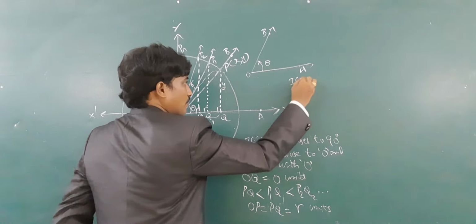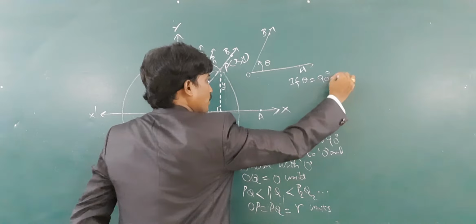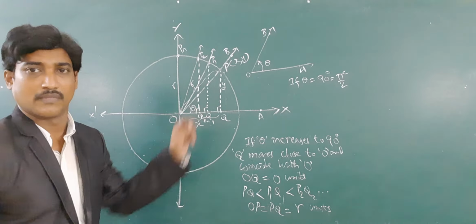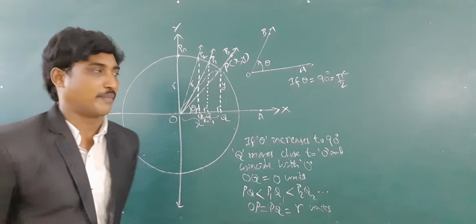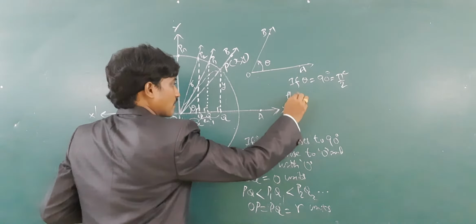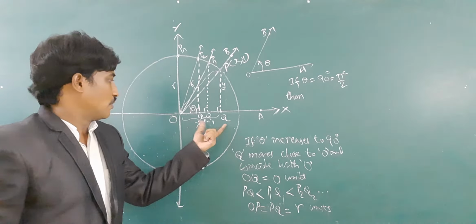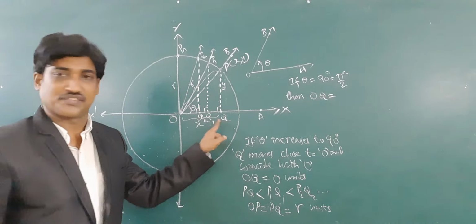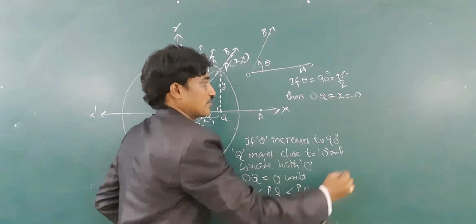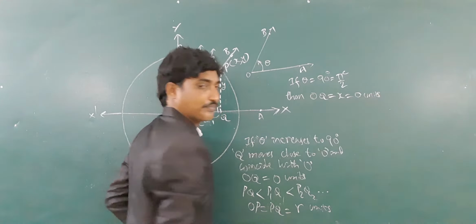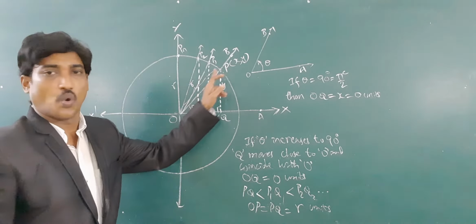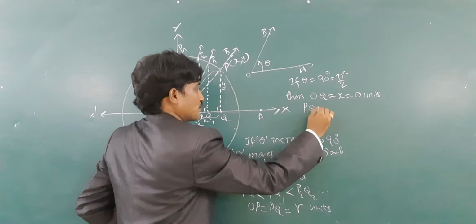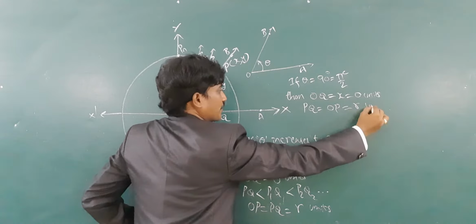If theta is equal to 90 degrees or pi by 2 radians, as I took in circular measure, then Q coincides with O, so OQ, which is nothing but x, equals 0 units, and PQ equals OP, that is R units.